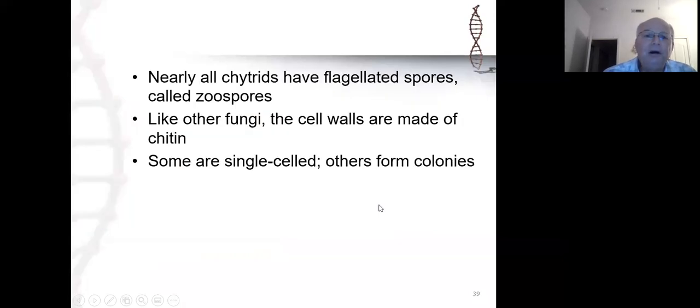The vast majority of them are unicellular, but some of them also form colonies. And where they are currently very significant, and we'll talk a little bit more about these towards the end of the presentation, is that they are very significant parasites in aquatic systems, and particularly parasites of amphibians, salamanders and frogs.